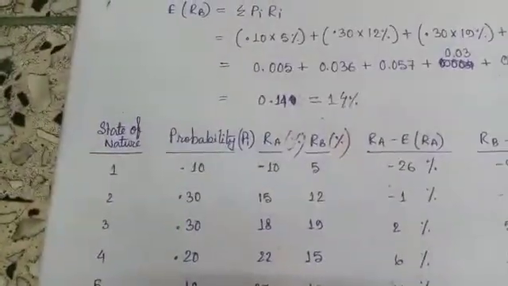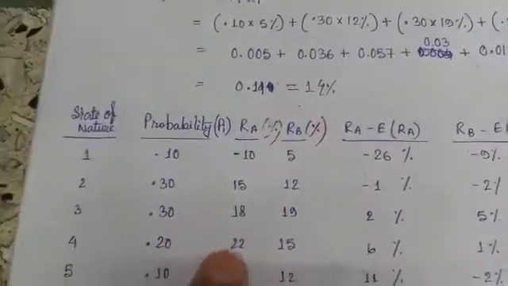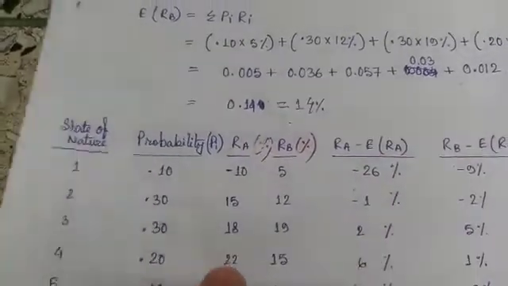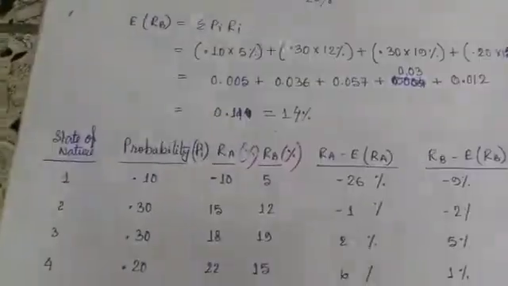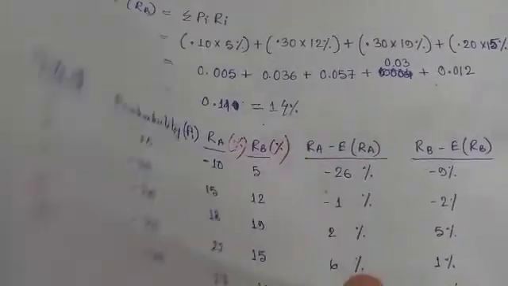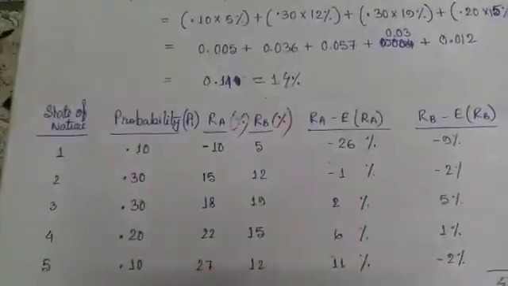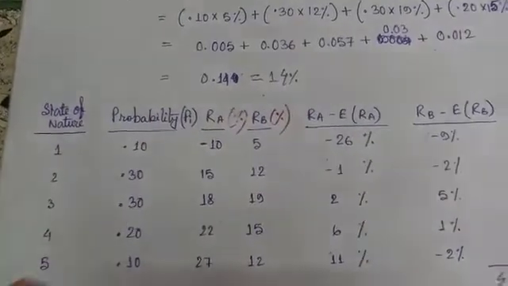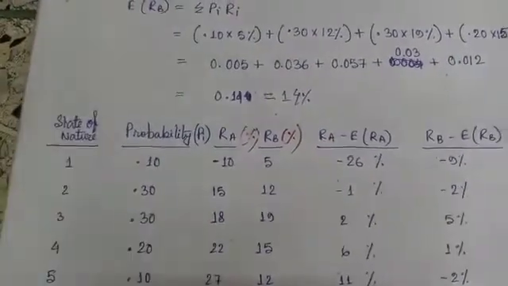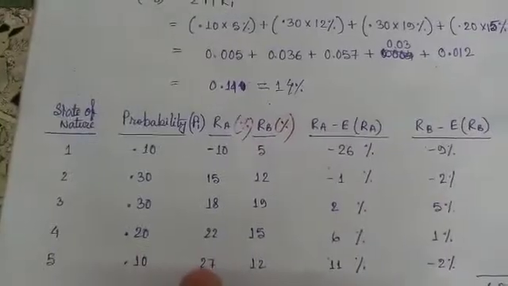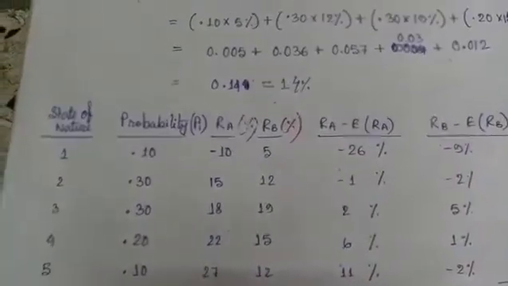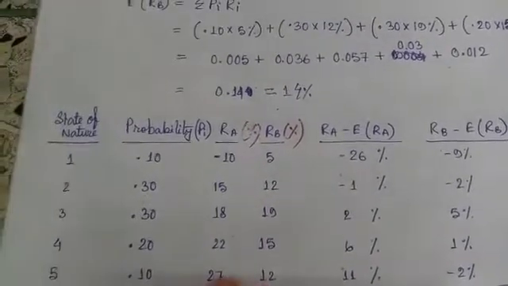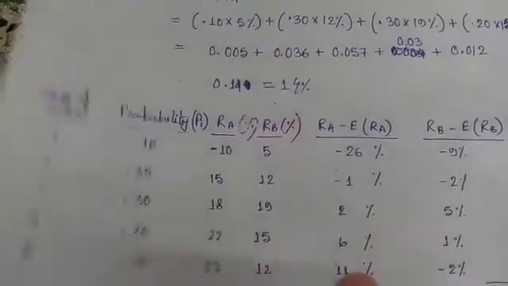For fourth state of nature, the return from security A is 22% and its mean return is 16%. So, the mean deviation is 22% minus 16%, that is 6%. For state of nature 5, the return from security A is 27% and its mean return is 16%. So, the mean deviation, RA minus ERA, comes to 27% minus 16%, that is 11%.